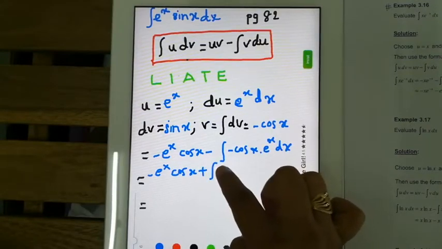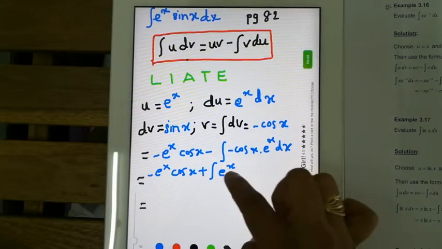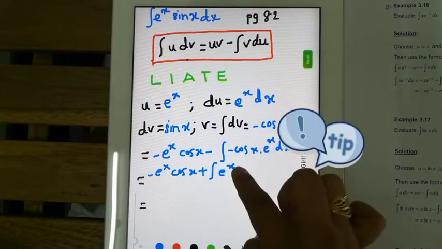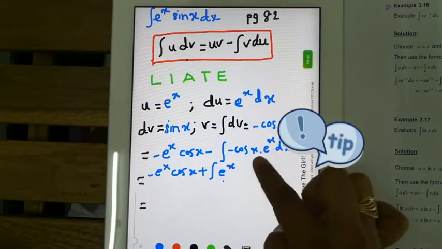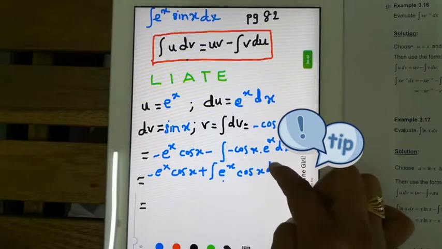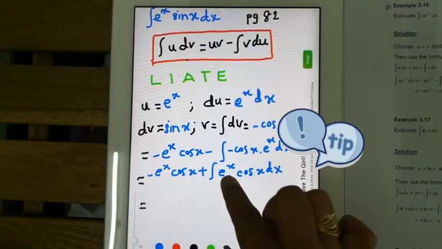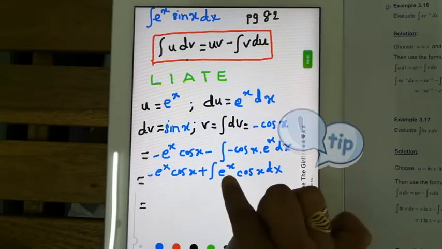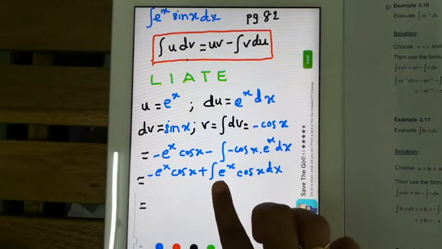So I advise you to rearrange this so it becomes e^x cos x dx, only then I integrate this one.